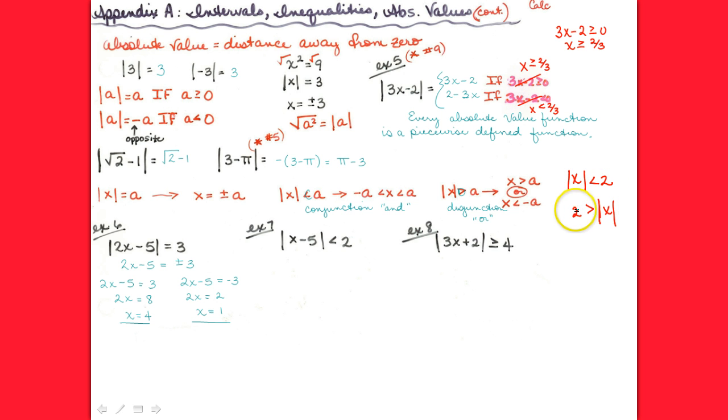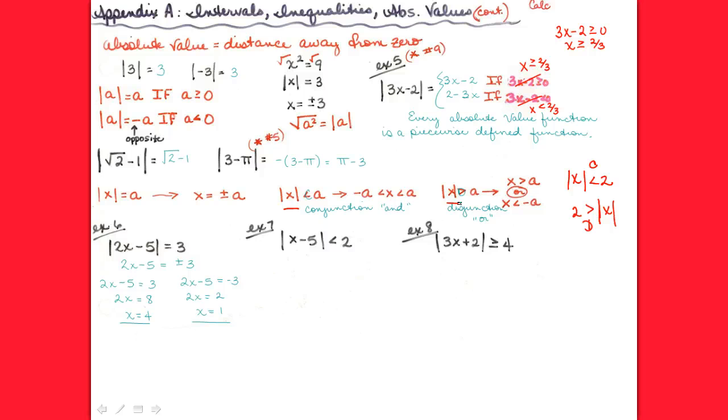That's an equivalent statement. Absolute value of x is less than 2, or 2 is greater than the absolute value of x. But here, it looks like a conjunction, and here, it looks like a disjunction. So if you want to use that little CD shortcut, it only works when x is on the left-hand side. So you would need to rewrite it that way first if you wanted to see if it was a conjunction or disjunction. So just be careful of that.